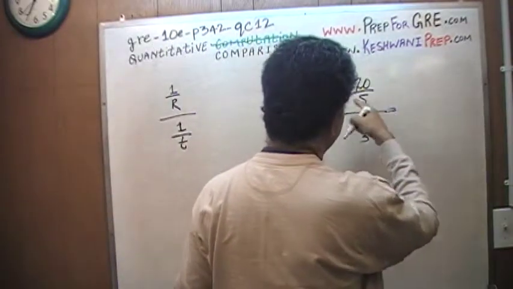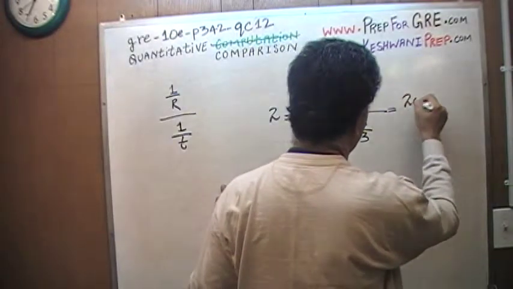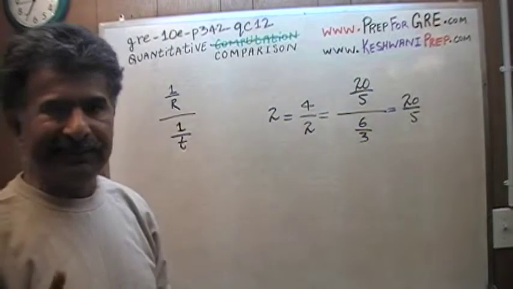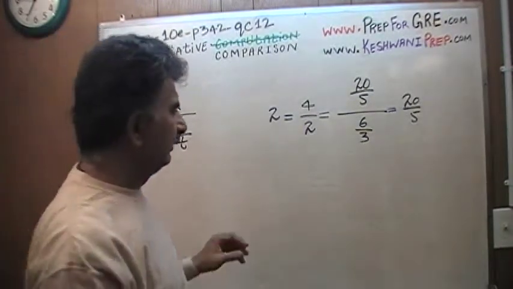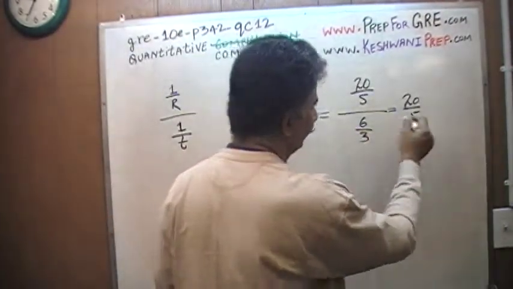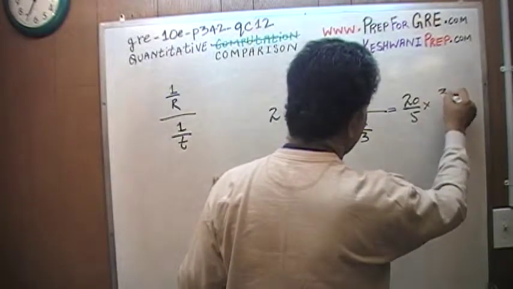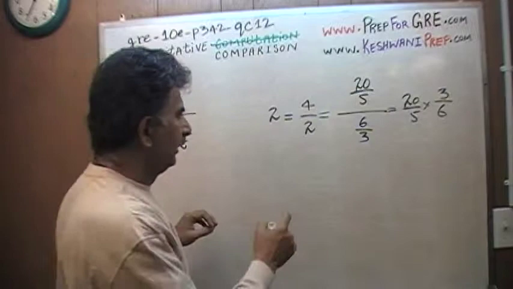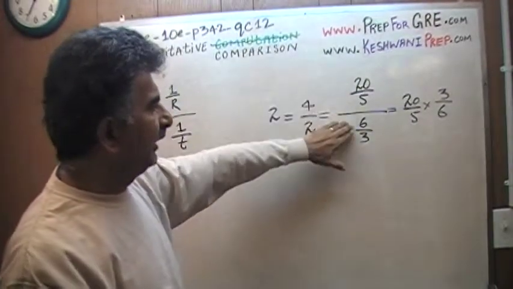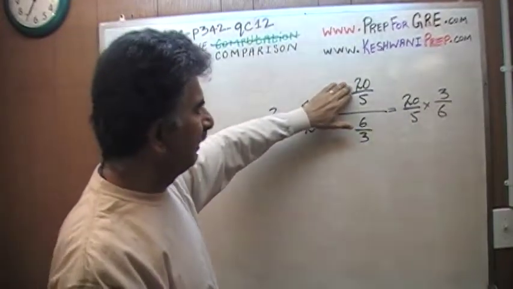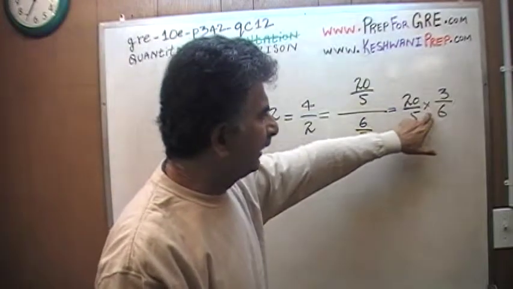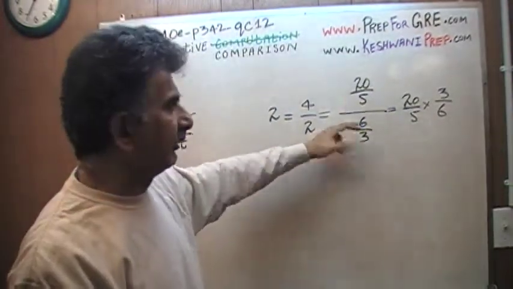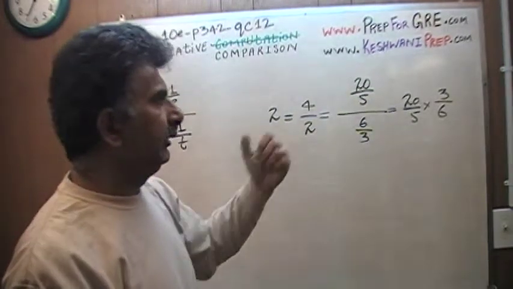You take your top fraction, 20 divided by 5, and you multiply it by the reciprocal, the inverse, of the bottom fraction. And now we need to simplify this thing.